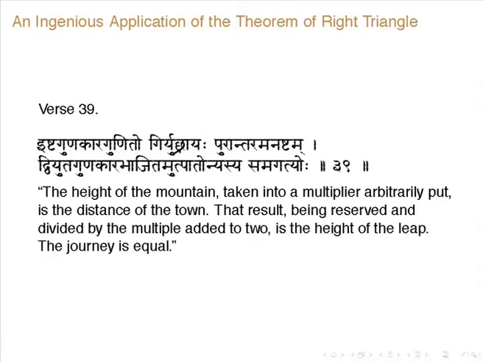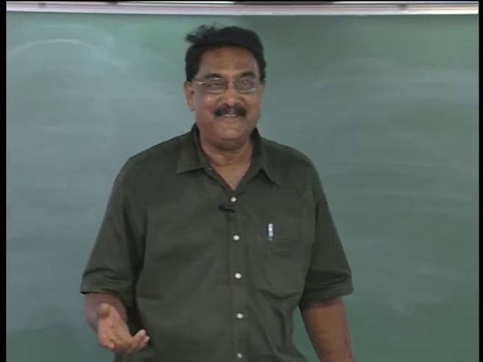He says, the height of the mountain taken into a multiplier arbitrarily put is the distance of the town. That result being reserved and divided by the multiple added to 2 is the height of the leap. The journey is equal.